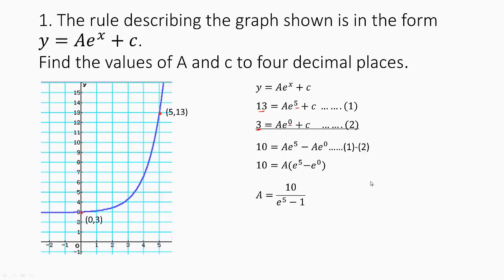Now obviously they've asked us for 4 decimal places, so we're going to put it into our calculator, and that comes out as 0.0678. Substitute that number back into one of the equations, probably equation 2, because that's the easiest, and you should be able to get c equals 2.9322.